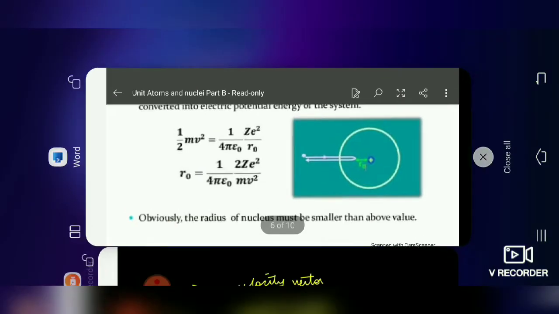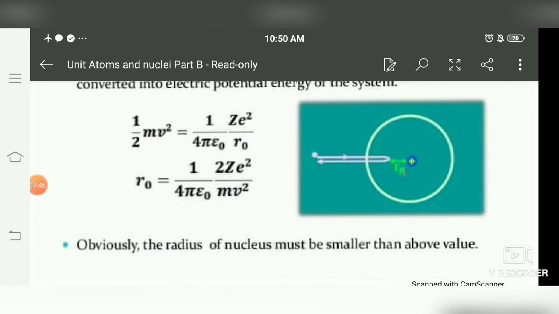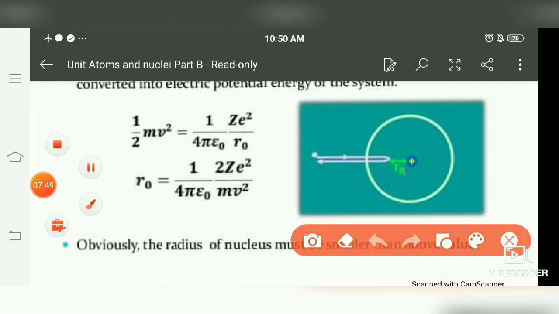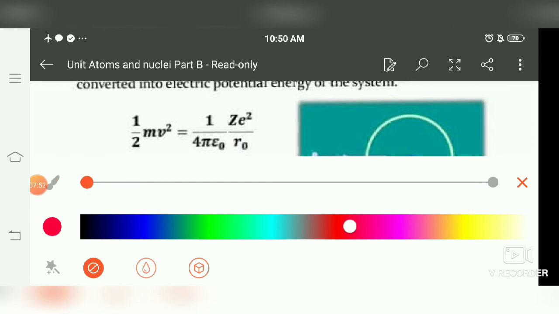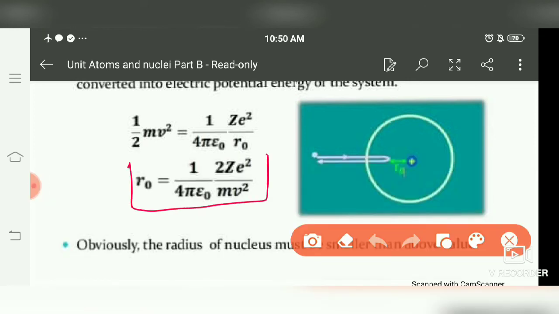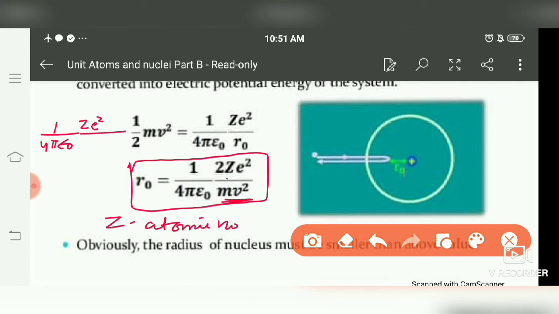For the distance of closest approach R0, we have this formula: R0 equals 1 by 4 pi epsilon naught times 2ZE square upon mv square, where Z is the atomic number and E is the charge on an electron. We can write this as 1 by 4 pi epsilon naught ZE square upon mv square by 2, and mv square by 2 is the kinetic energy.